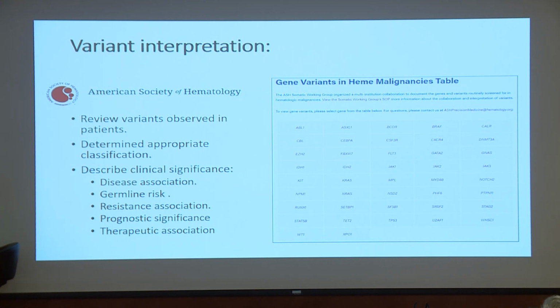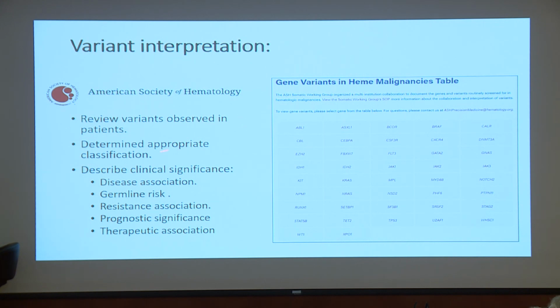One of the challenges that the physician faces in clinical practice is how to interpret the gene mutations. So ASH built a working group to help people annotate these gene mutations. They reviewed variants observed in many patients.